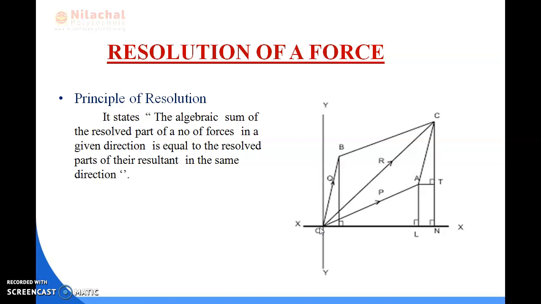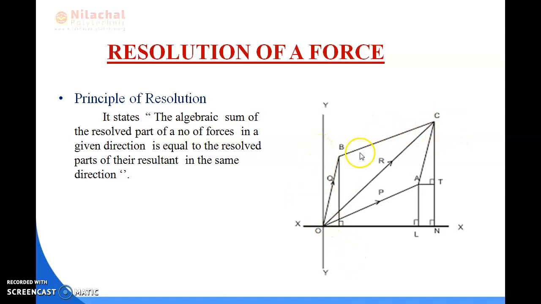Here the P force is denoted by the line OA, and the Q force is OB. The resultant force R is represented in magnitude and direction by the diagonal OC of the parallelogram OACB.